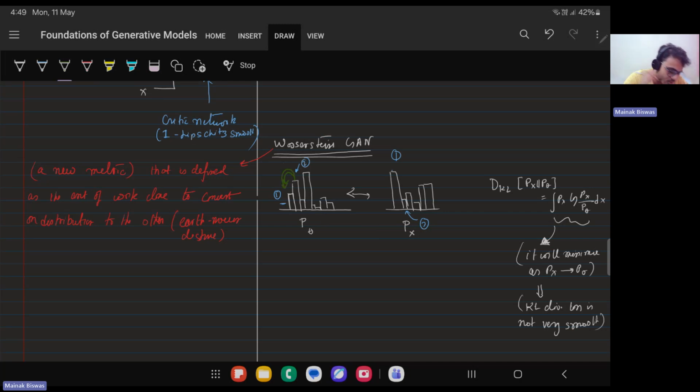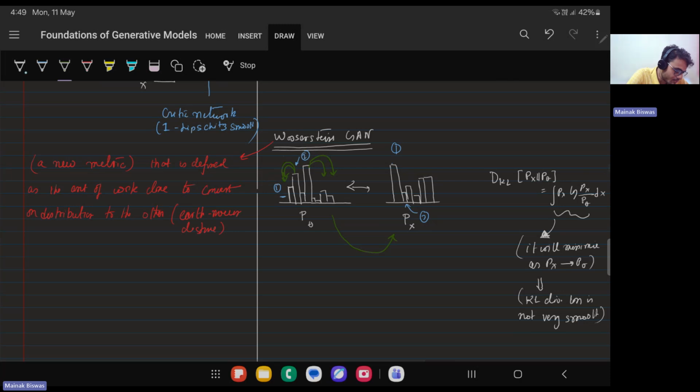Similarly, bin 4 here is tall where it is short in the other Px distribution. So I can move some mass here, and slowly this will end up looking like Px.